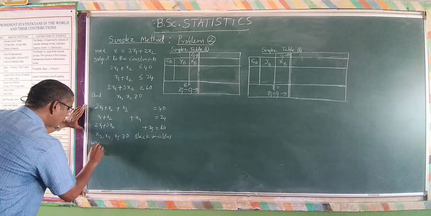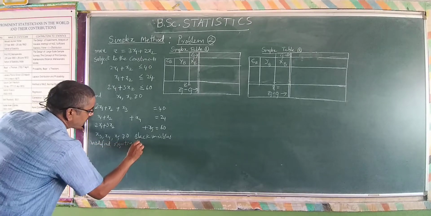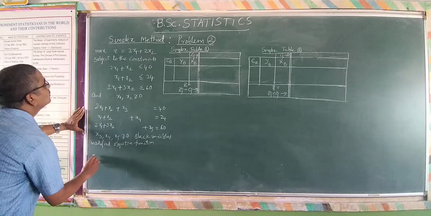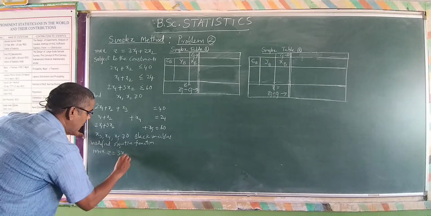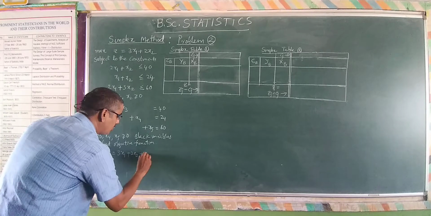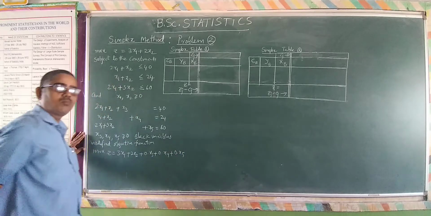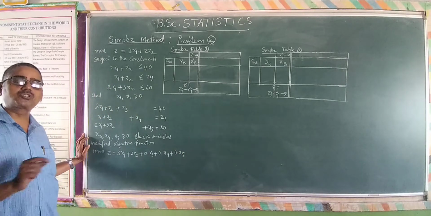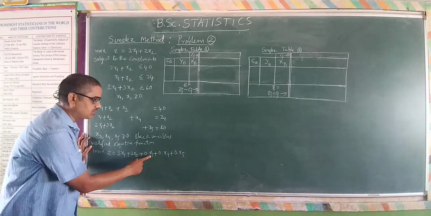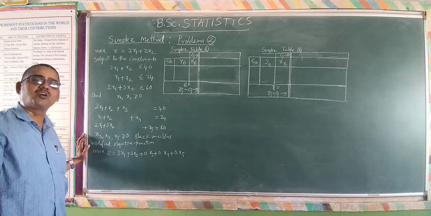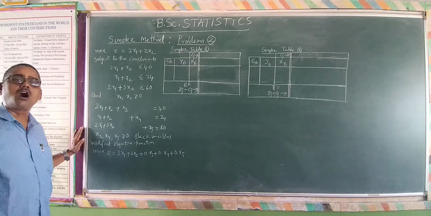Therefore, the modified objective function is: maximize z is equal to 3x1 plus 2x2 plus 0 into x3 plus 0 into x4 plus 0 into x5. Put the cost of the slack or surplus variables as zeros so that you modify the objective function.